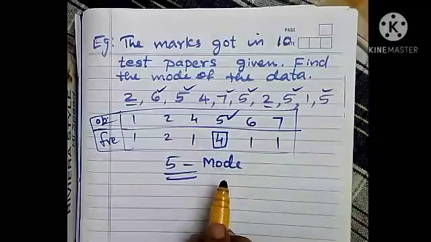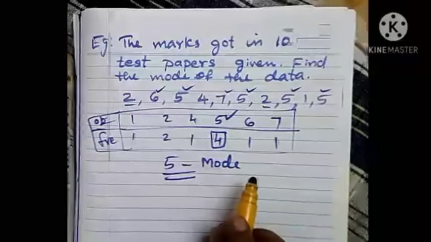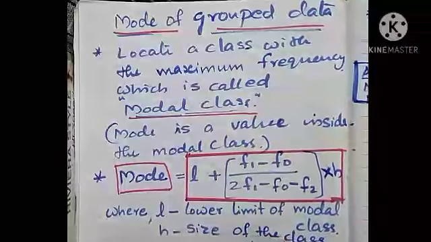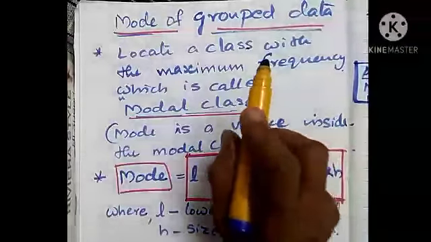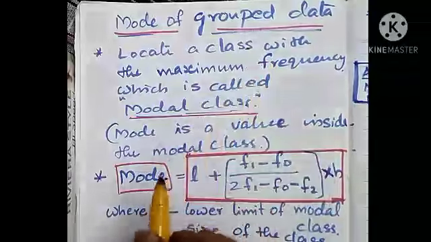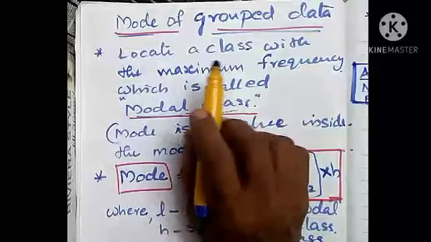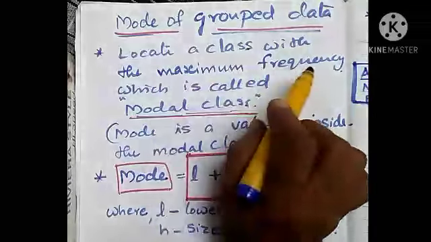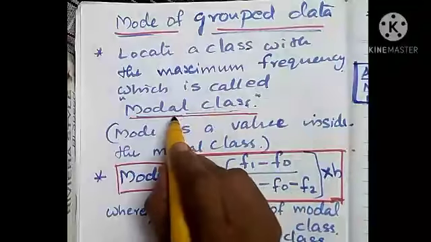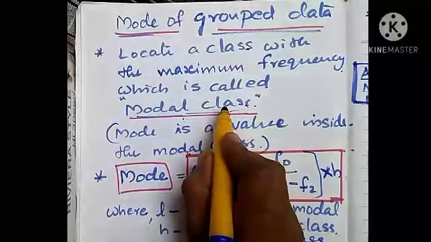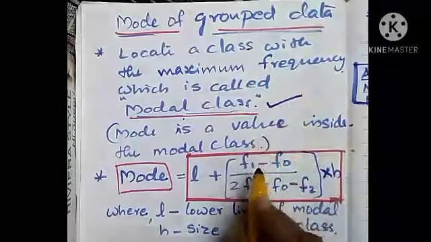Now we can discuss the mode of grouped data. For finding the mode of grouped data, we can study one formula. Before that, we have to locate a class with the maximum frequency, which is called the modal class. So the first step is to select the modal class.